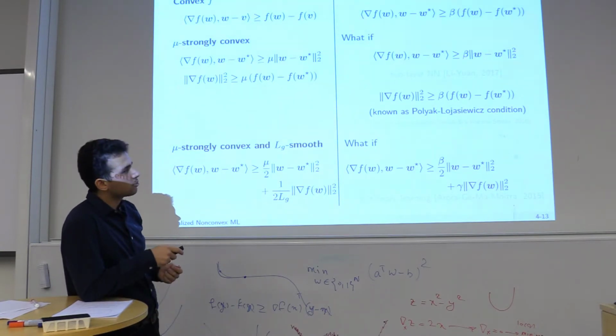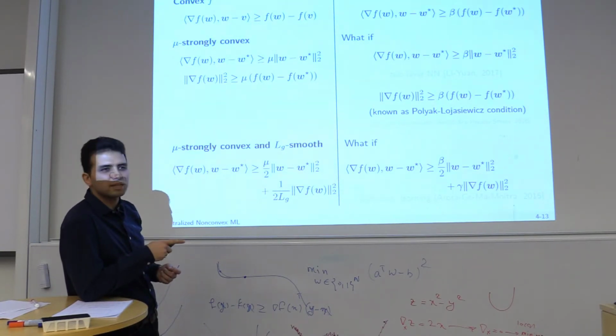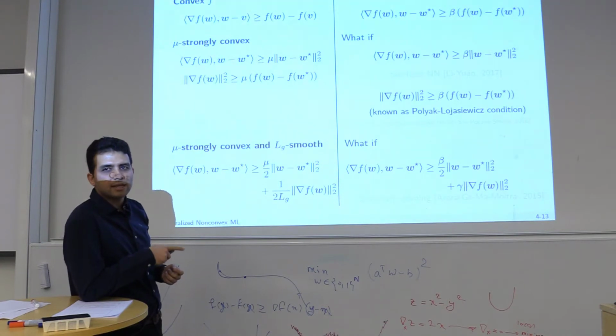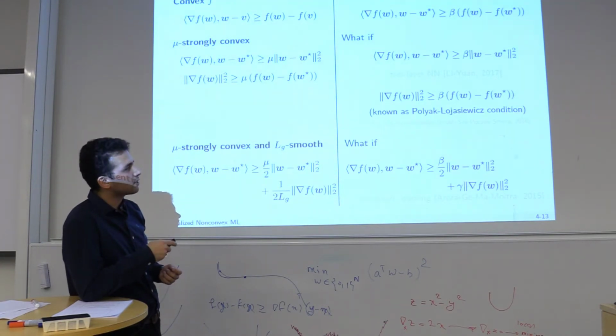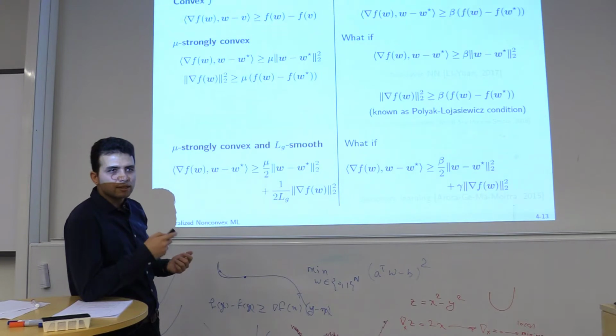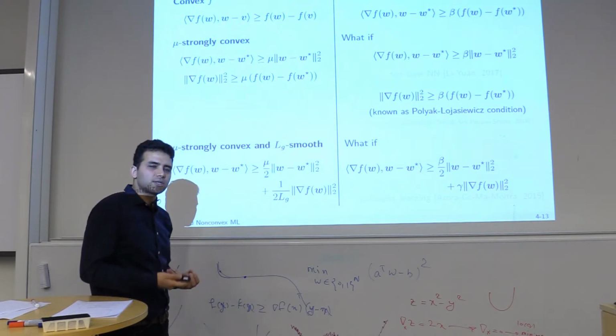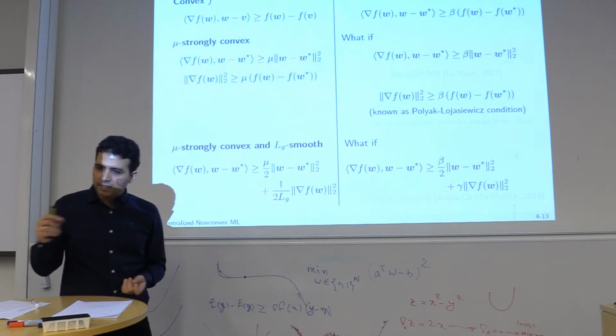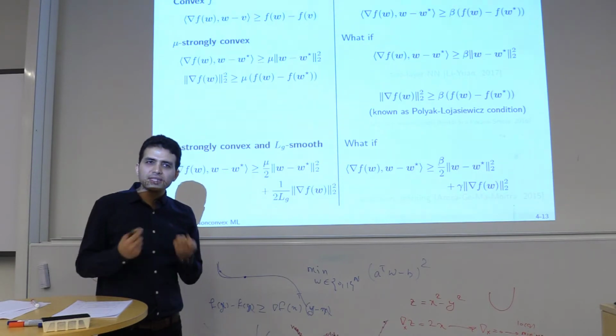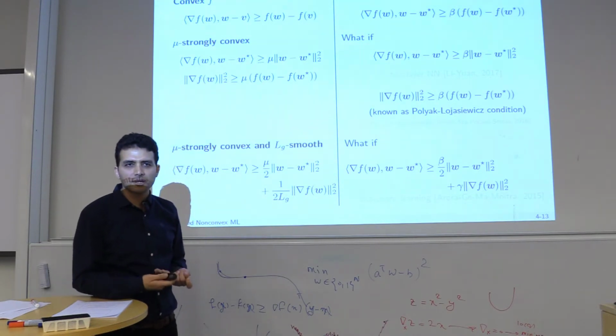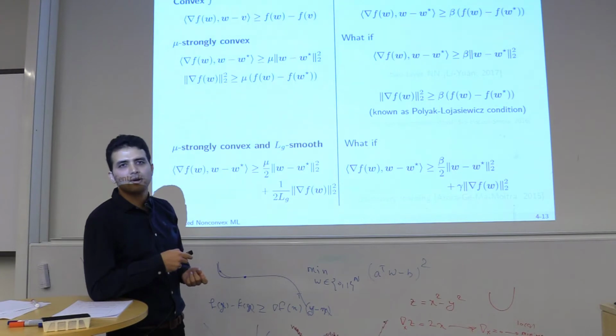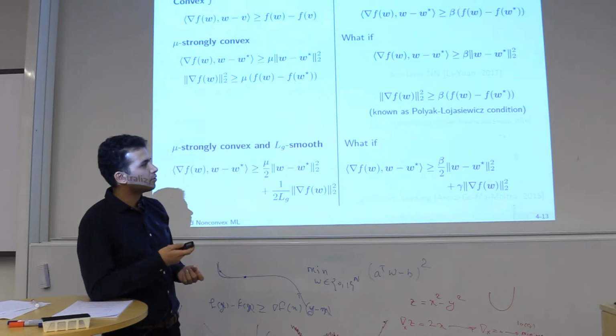And then, similar to this inequality, what would happen if we have something like that? This is actually a pretty important inequality. You have shown that, I guess, in your homework 1. And in the proofs of homework 2, most of the proofs are actually based on this. So you can see that although we are assuming that the function is mu strongly convex, the first thing that we show is that if the function is mu strongly convex, then we do have this inequality, which is called the PL inequality.